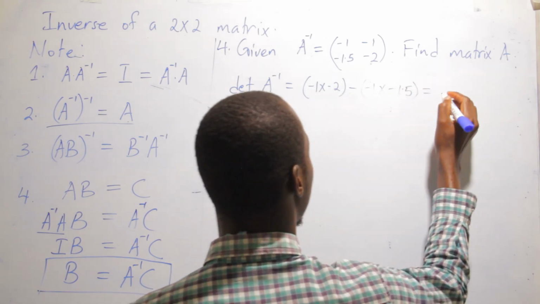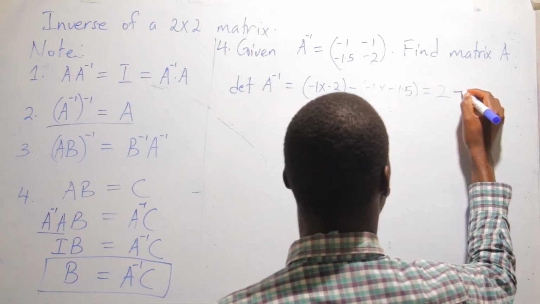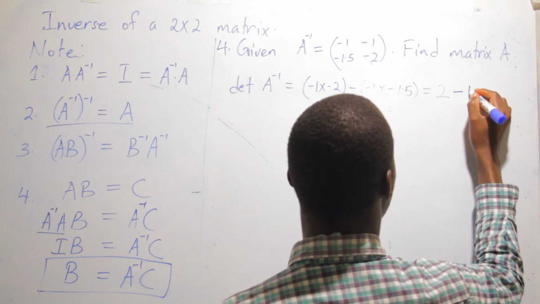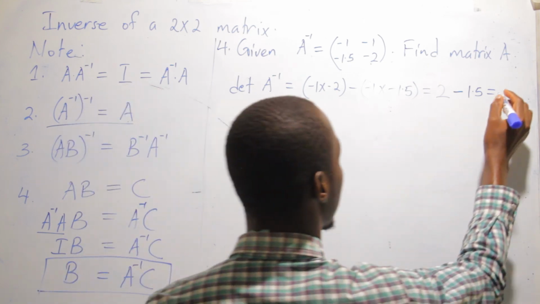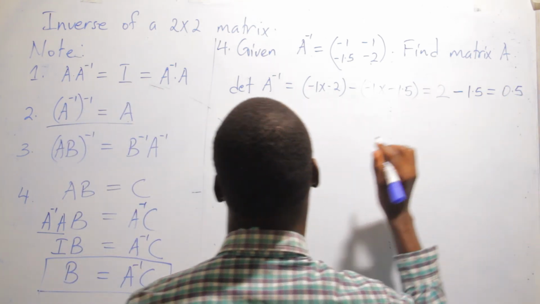So this one here, I get positive 2 minus 1.5 to get the answer as positive 0.5.